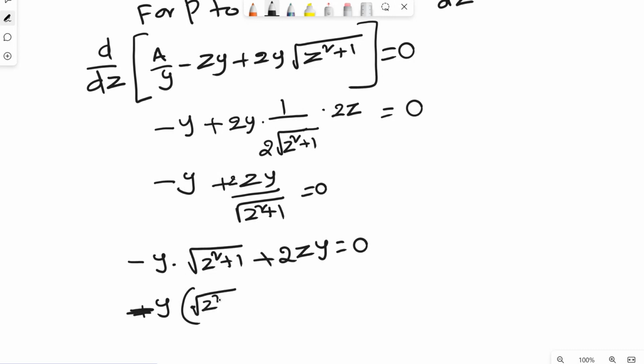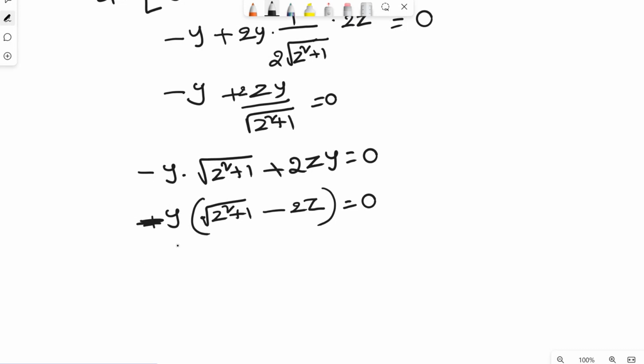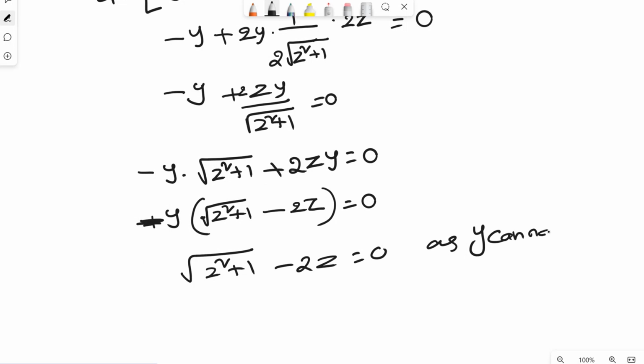Here it is square root of z square plus 1, here it is minus 2z, is equal to 0. As y cannot be 0, it's a constant, naturally square root of z square plus 1 minus 2z is equal to 0.